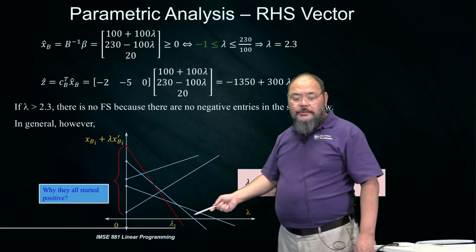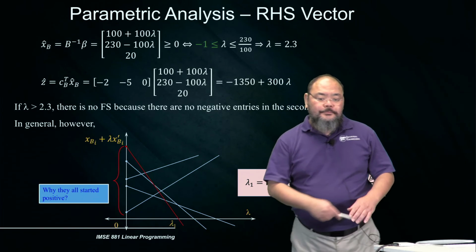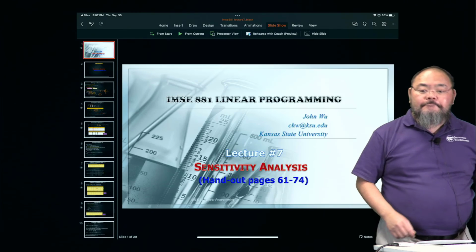If I keep increasing lambda, this particular variable goes negative, and that's the range.